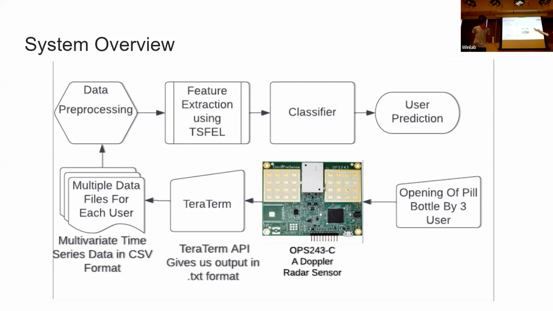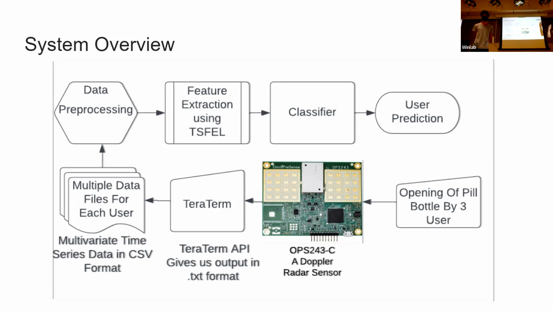This sensor was connected to the computer, which gave us an output in .txt format. Then we processed the data and converted the time series data into a CSV format so that it can be used for machine learning models. The data was basically irregular, so we resampled the data by 0.1 seconds so that at every 0.1 seconds the data would be there.